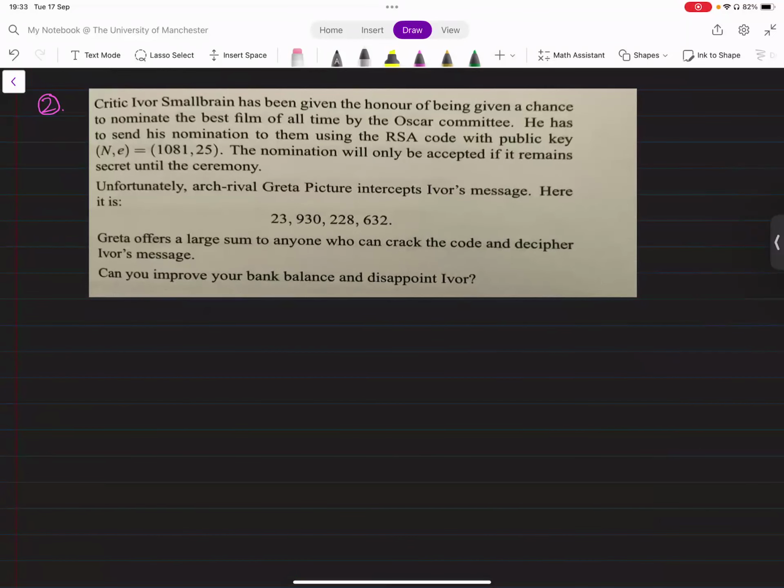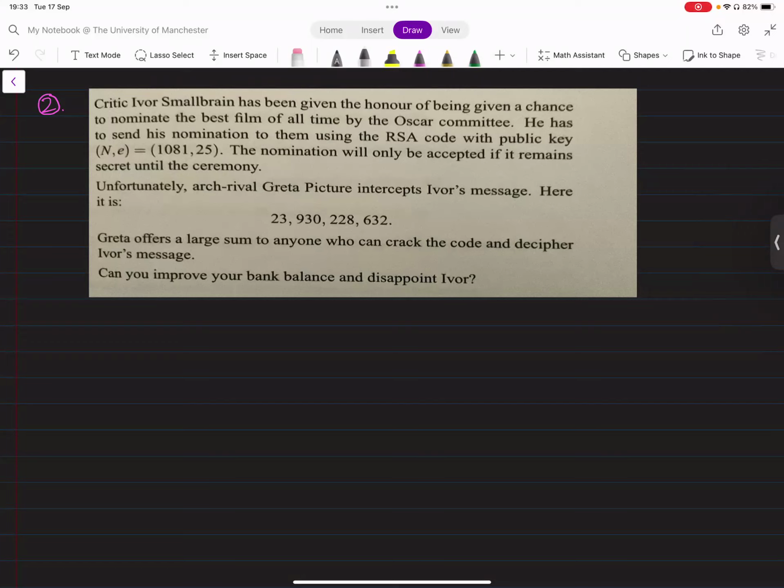Question number 2. So we have critic Ivor Smallbrain, who has been given the honor of nominating the best film of all time by the Oscar committee. He has to send his nomination to them using the RSA code with public key (n, e) equal to (1081, 25).